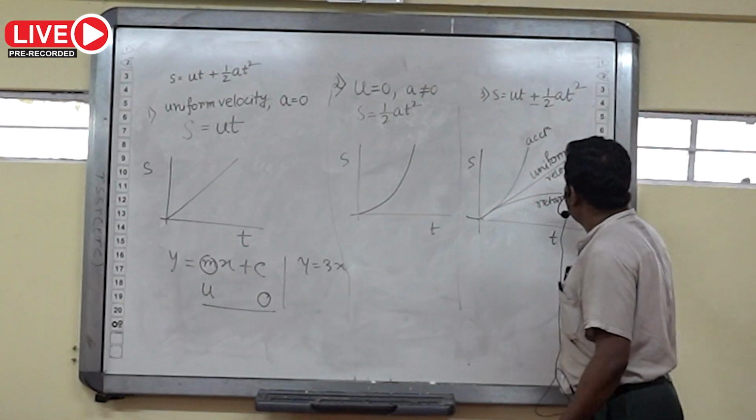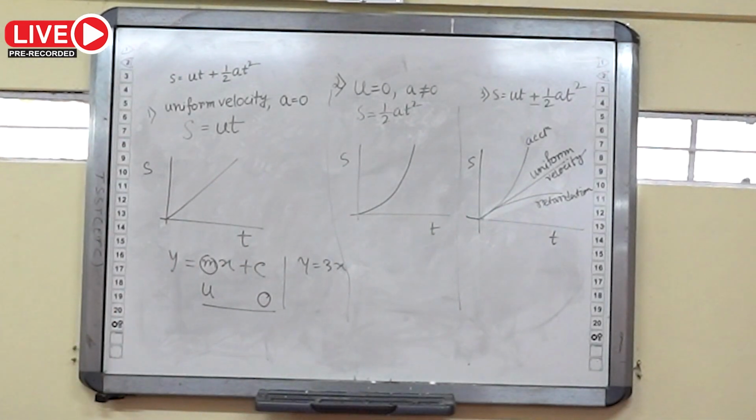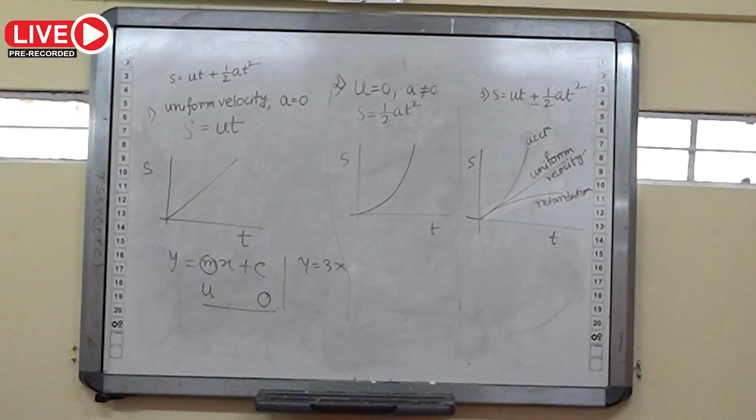So for uniform velocity, the ST graph will be a straight line. For accelerated motion, it will be a parabola moving upward. For retardation, it will also be a parabola, but concave downward, on the opposite side because of the minus sign.